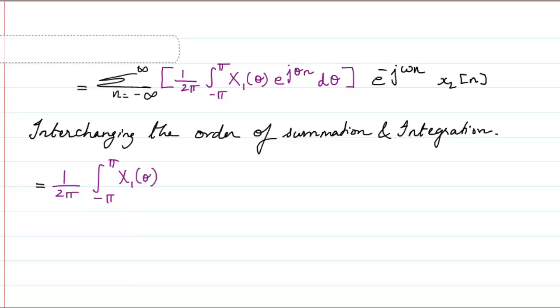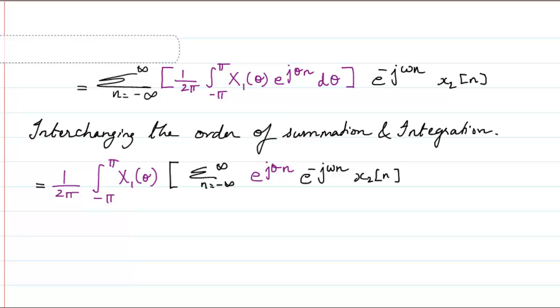Then there is no other term of theta, so the remaining portion I will put inside the bracket, and then we are having summation n is equal to minus infinity to infinity, and then e raised to power j theta n and e raised to power minus j omega n x2 of n.